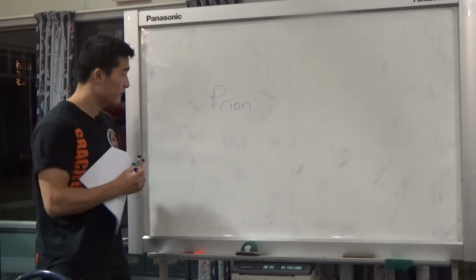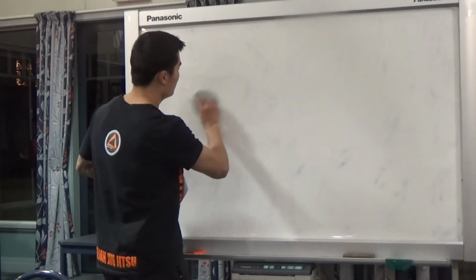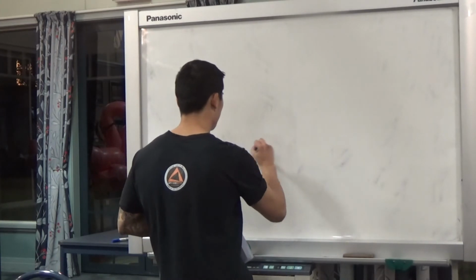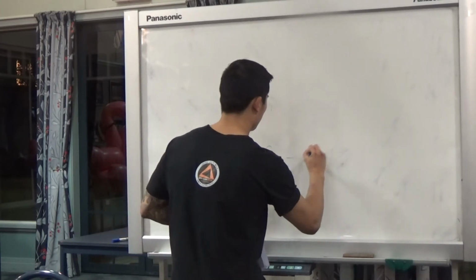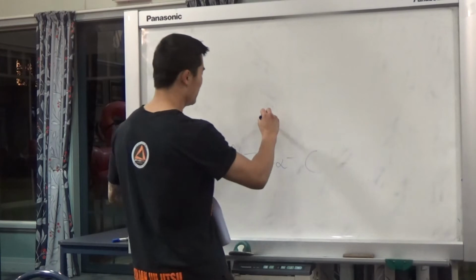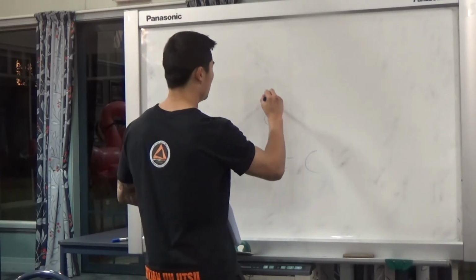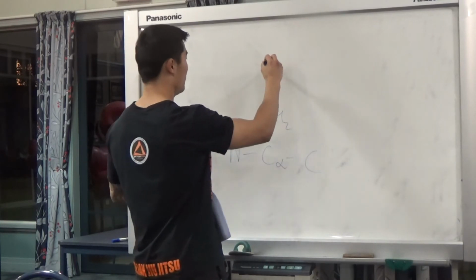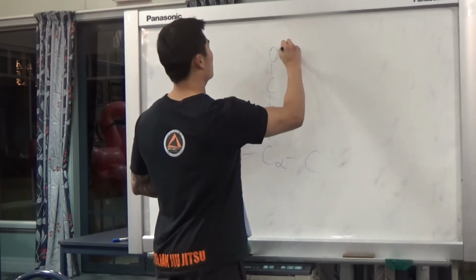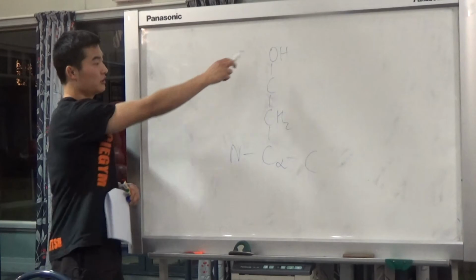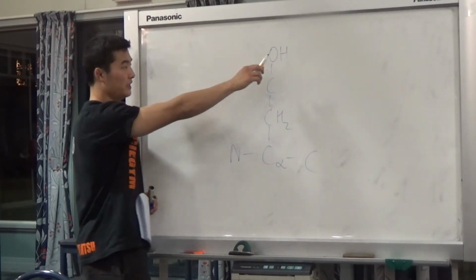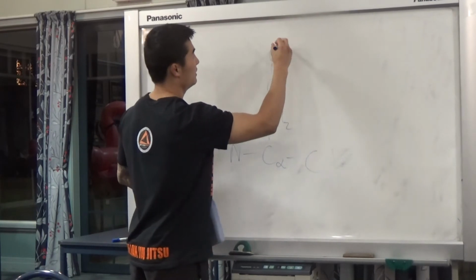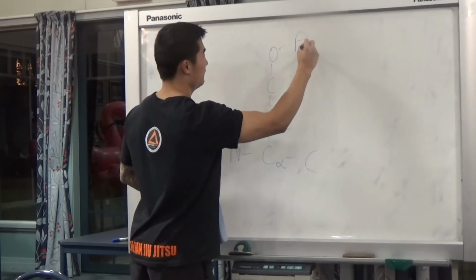Okay, so let's say we had a serine molecule, so we had a hydroxyl group on our amino acid. We can replace the hydrogen with a phosphate group.